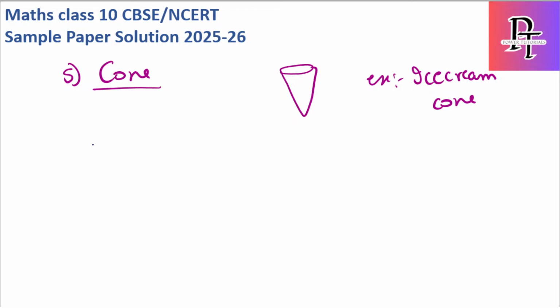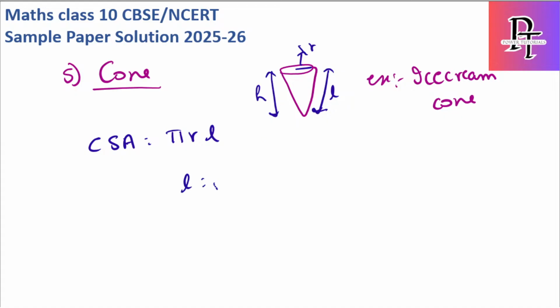First I will write CSA, which is curved surface area, which is pi r l, where this is r, this is l, slant height is l, the normal height is h. How to find l? Just the Pythagoras theorem. l is nothing but root of r square plus h square.